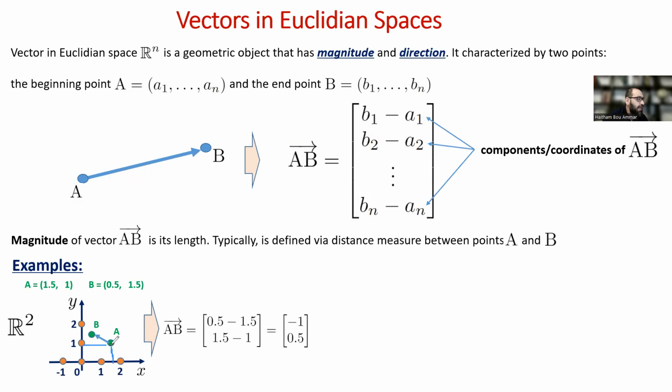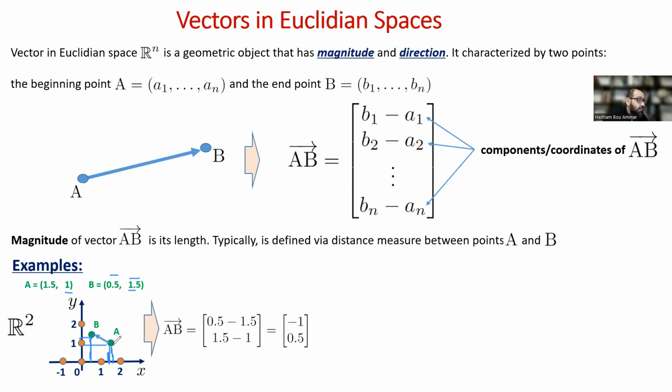So here, the A X coordinate is 1.5 and the A Y coordinate is 1. And for the point B, which is another point I'm going to use to define my vector, I'm going to do 0.5 on the x-axis and 1.5 on the y-axis. So coordinate x is 0.5 and coordinate y is 1.5.